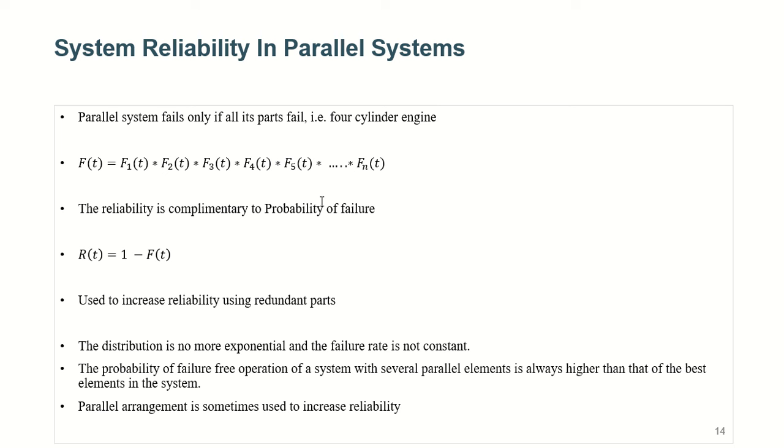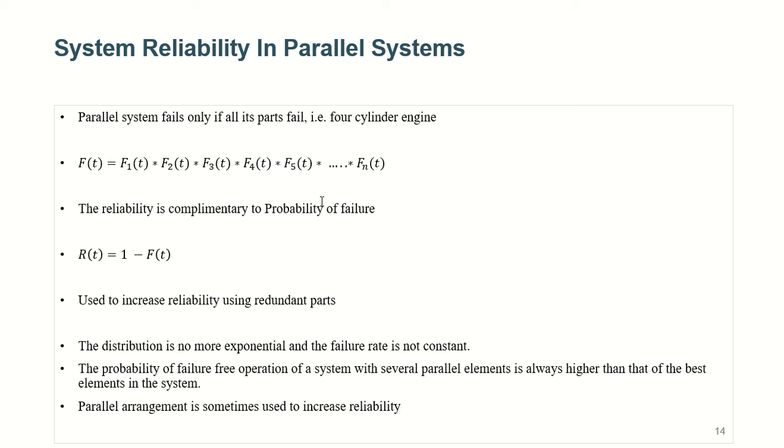So if you want to increase your reliability, we can use this parallel system analogy, and this parallel system analogy is sometimes used for increasing reliability by using redundant parts as well.